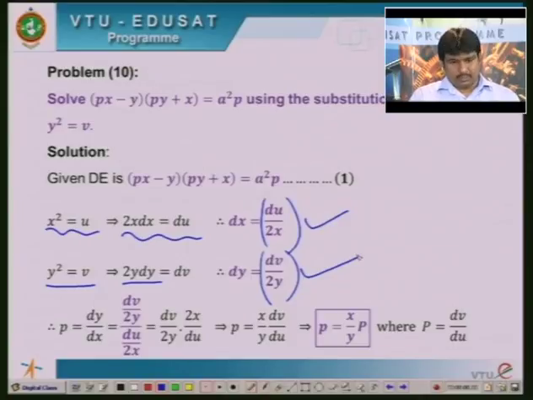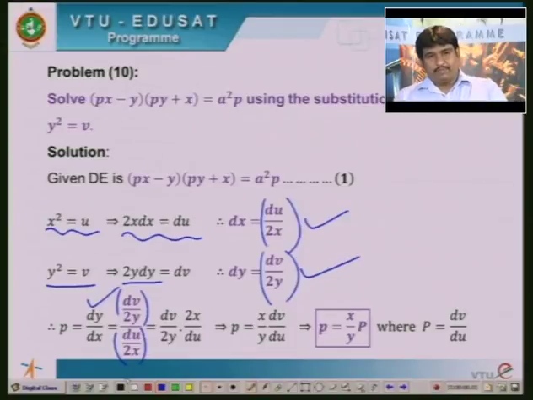Now, I will substitute this in small p, as you know it is dy by dx. In place of dy you write dv by 2y, and in place of dx you write du by 2x. This is a by b divided by c by d, which can be written as a by b into d by c.